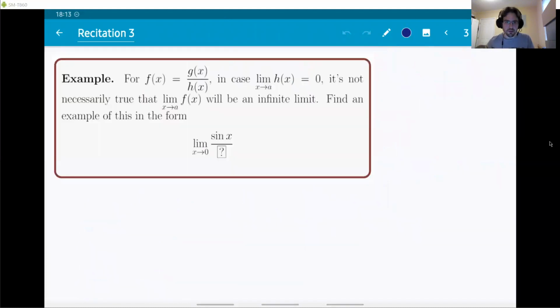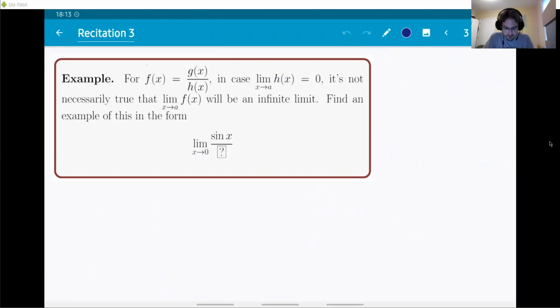And the other example that was in lecture, it's more of a conceptual type. This is just to remind us that when there's a 0 in the denominator, potentially there will be an infinite limit, but it's not always. So this is what this is saying here.